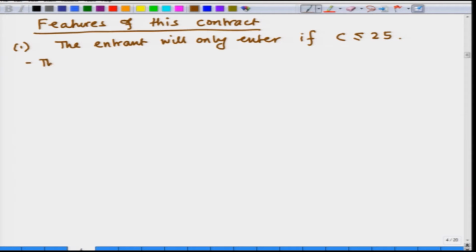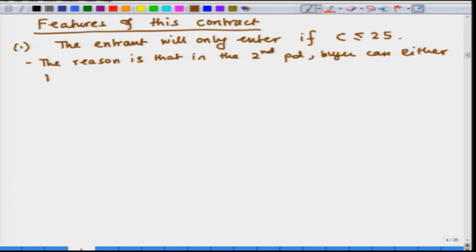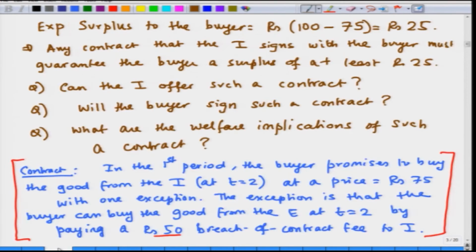The reason is that in the second period, the buyer can either buy from the incumbent at rupees 75, because that is what the contract says, right.